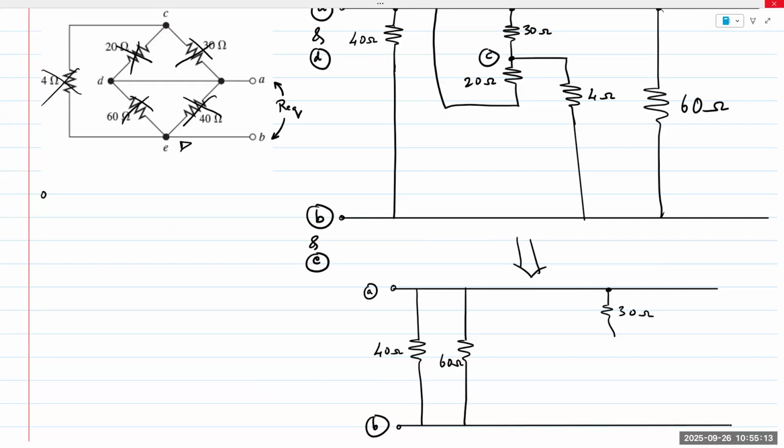The 20 ohm is also connected to A, so I'm going to draw it out like this. Now, where is the 20 ohm connected? The 20 ohm is connected to the other end of 30, so I'll make that connection right here. This, of course, is node C. And from node C, I have the 4 ohm resistor coming down. And that's it. That's the end of my redrawing.